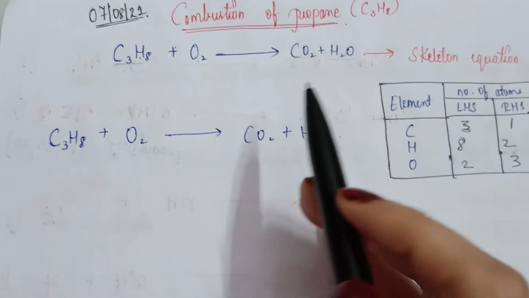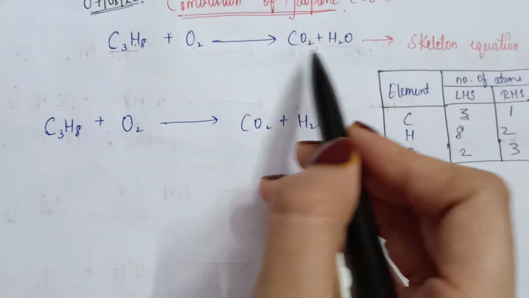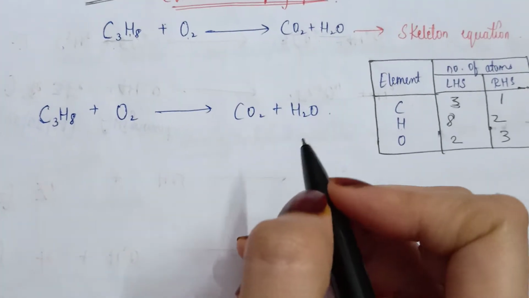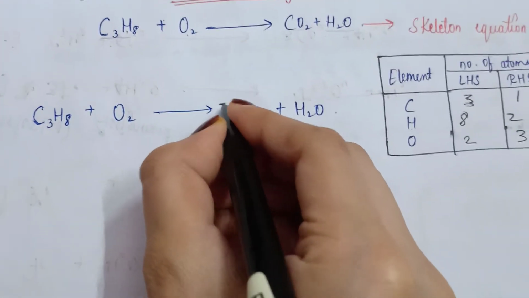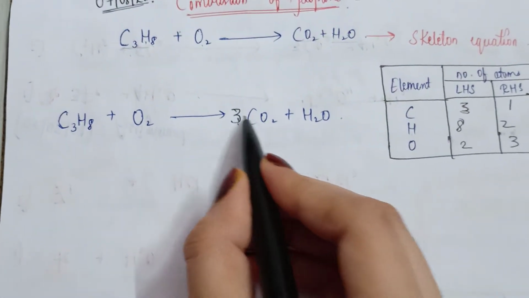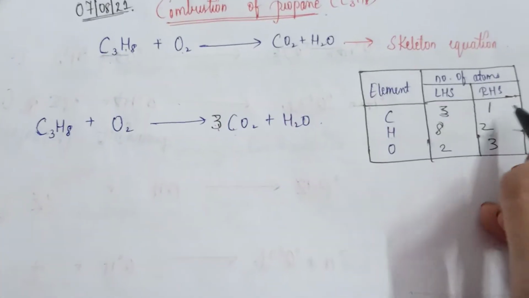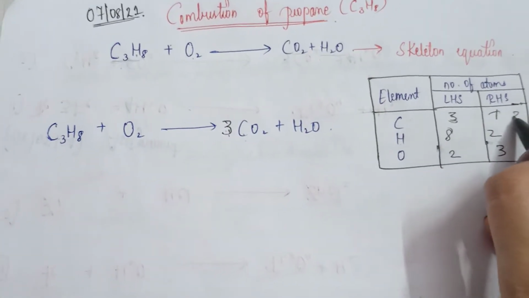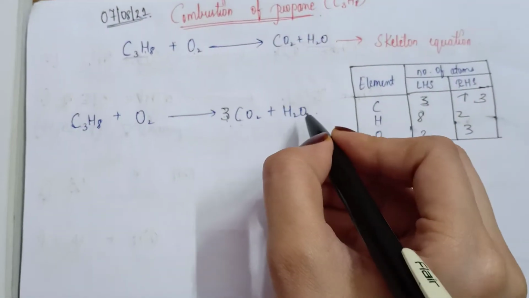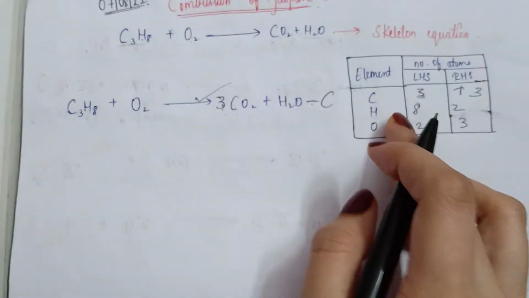So if you add a 3 to the carbon dioxide over here, then we get the balanced equation. Let us do it by multiplying by 3 on the right hand side. We have 3 carbon and 3 carbon, so we have balanced it. Here we have to cut it and add 3 at the right hand side. Okay, so in the first equation we have balanced carbon. Next come to hydrogen.